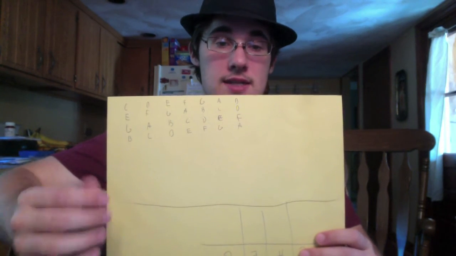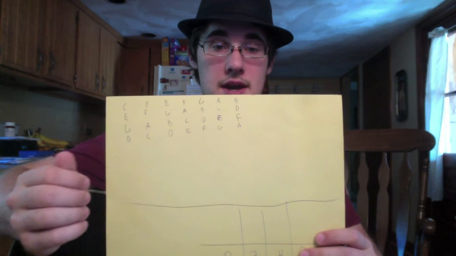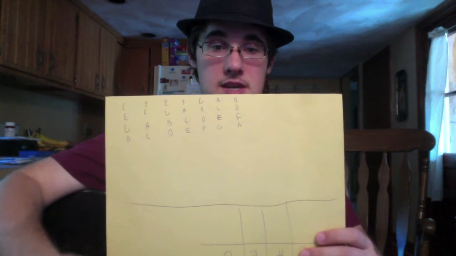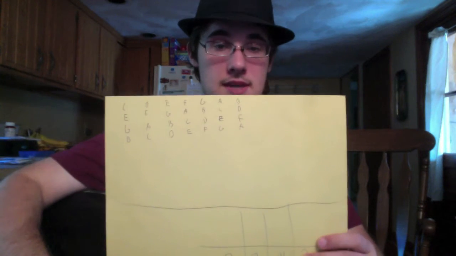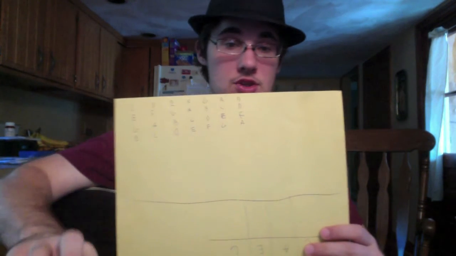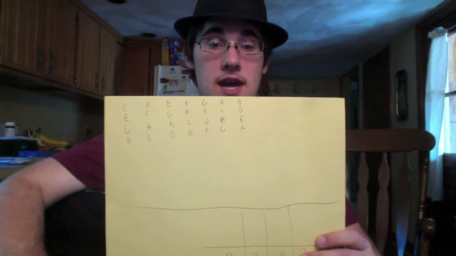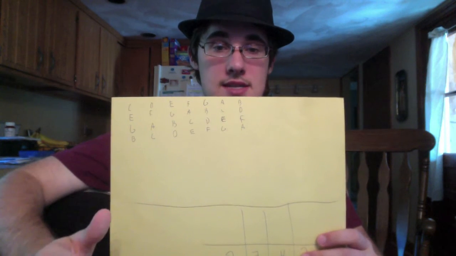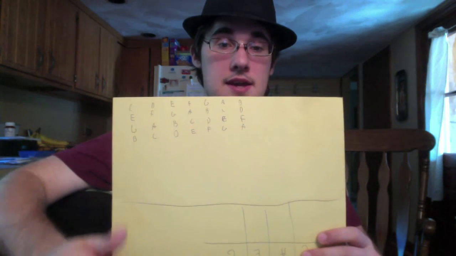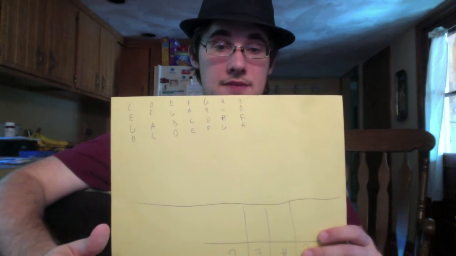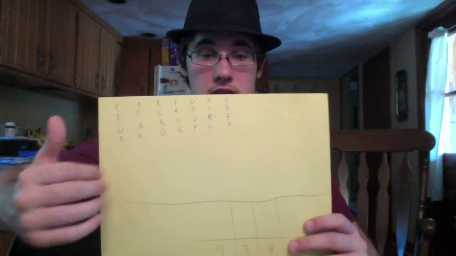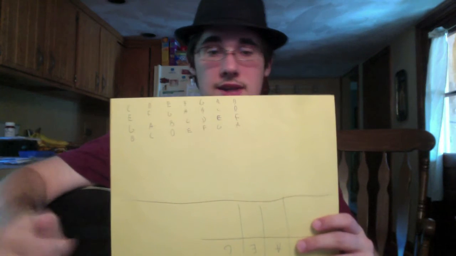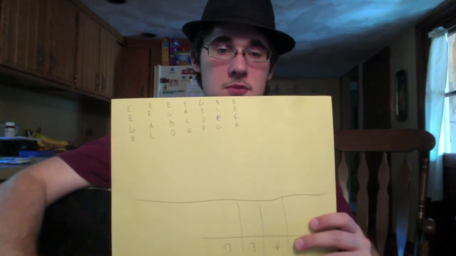To make D minor 7th, you get D, F, A, C. To make E minor 7th, you get E, G, B, D. To make F major 7th, you get F, A, C, E. To make G dominant 7th, so when you have that issue where it's a major 3rd but a minor 7th, it's called dominant, you get G, B, D, F. For A, you get A, C, E, G to get A minor 7th, and for B to get B minor 7th flat 5, you get B, D, F, A. So those are all the 7ths built from the C major scale, and the same principle would work in any key. I just like using C major because it makes things pretty clear and easy for people.